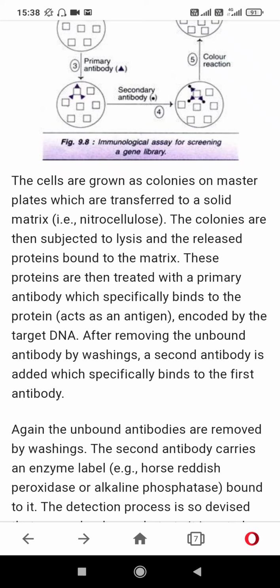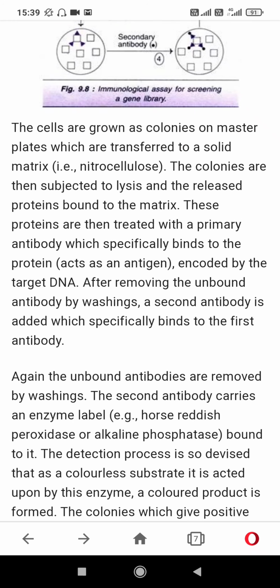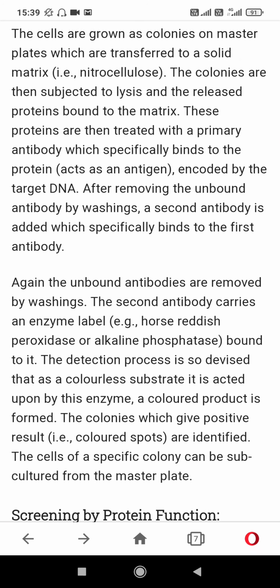After that, we wash with a suitable buffer solution to remove the unbound antibody, and then a secondary antibody is added which is specifically designed to bind with the primary antibody. Again the unbound antibodies are washed away.